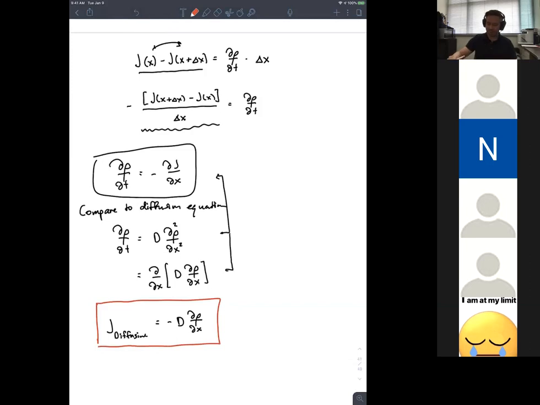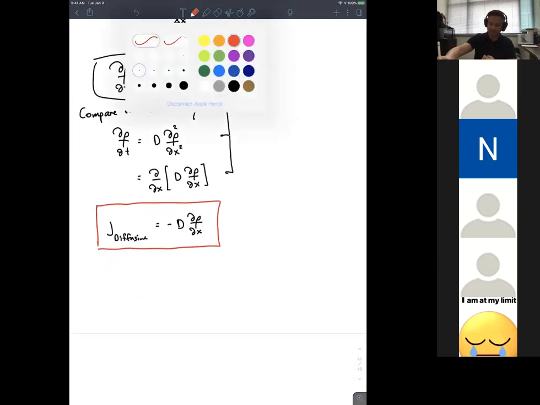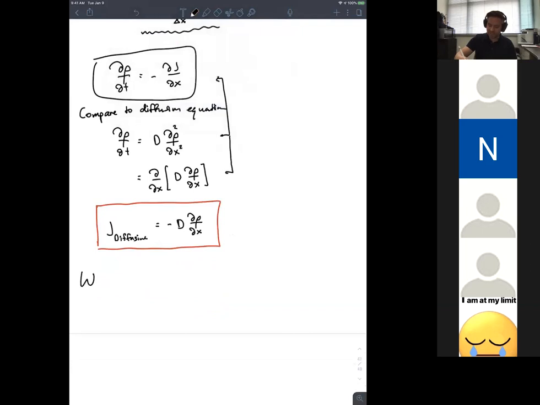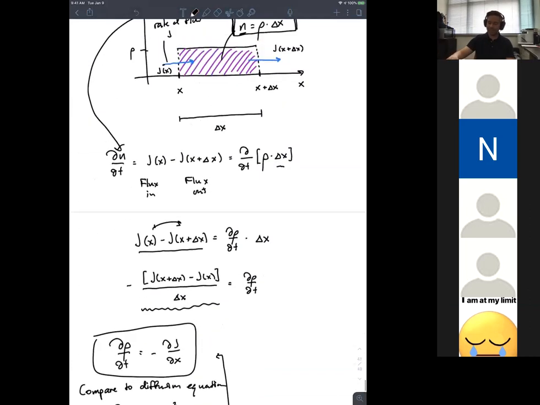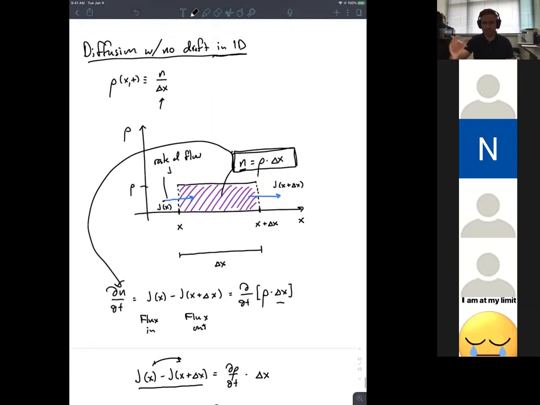All right, cool. So now let's think about what happens if there is drift. Well, in the context with no drift, what we said was that this flow of particles into and out of this volume is just a consequence of the diffusion.